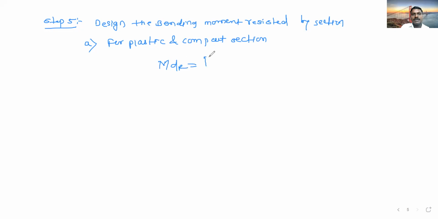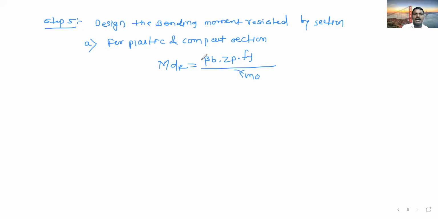MDR is beta b into Zp into Fy divided by gamma m0.